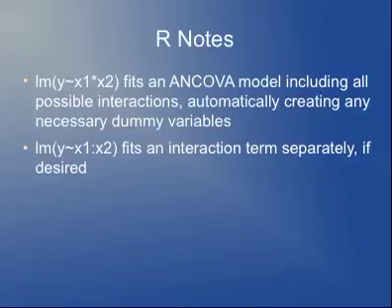And if you ever want to include a specific interaction term manually, you can just say x1 colon x2, and that will fit an interaction without any main effects. In general, it's usually a bad idea to fit an interaction model without including main effects, but there are some situations where you may want to do it.